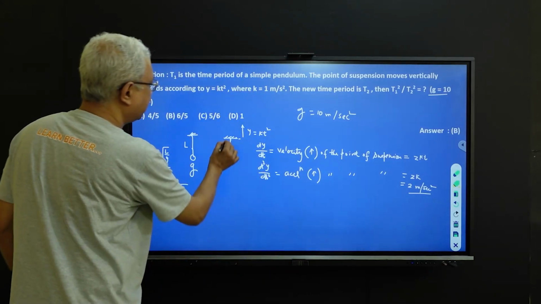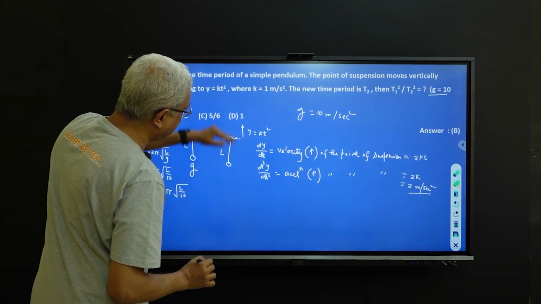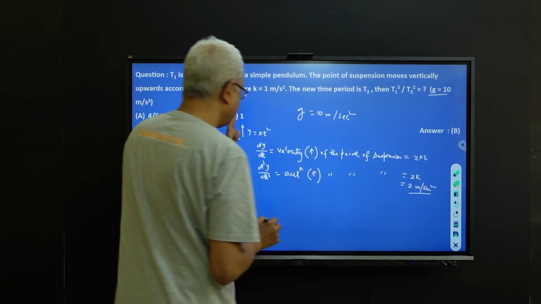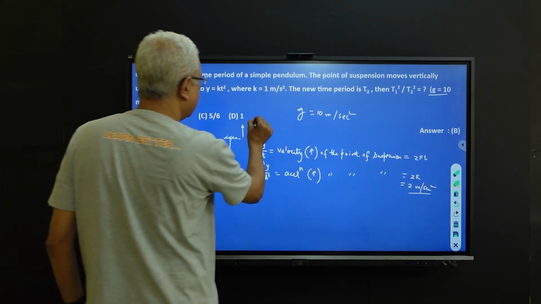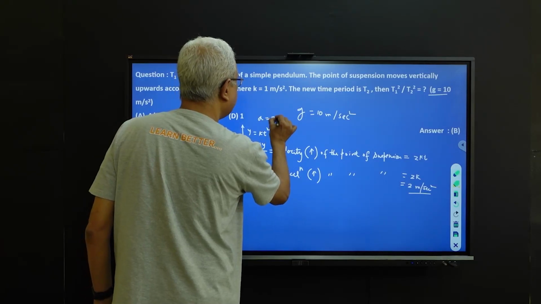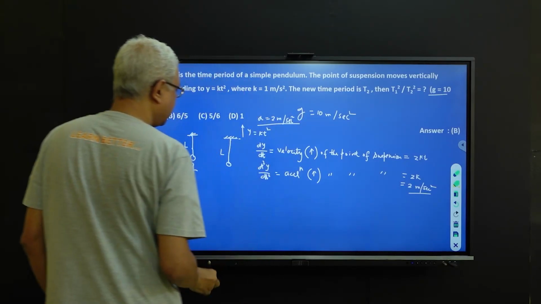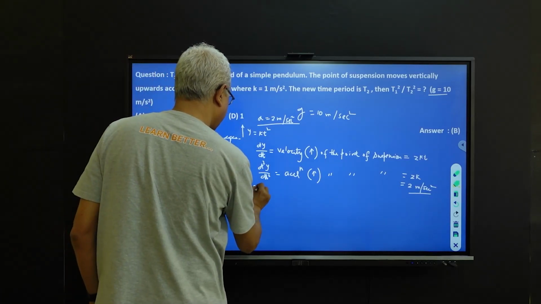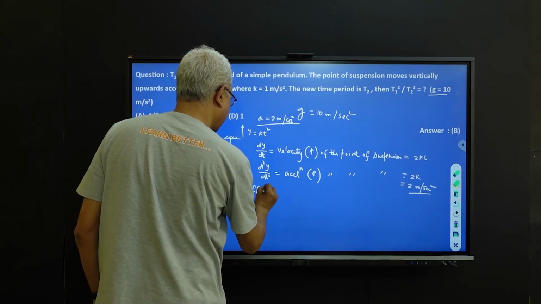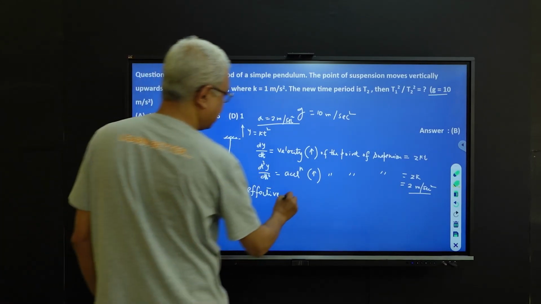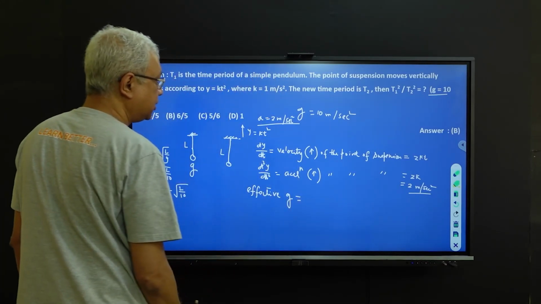So the acceleration of the point of suspension is 2 meter per second square. Since the point of suspension is moving in upward direction with acceleration a equal to 2 meter per second square, the effective g will be how much?